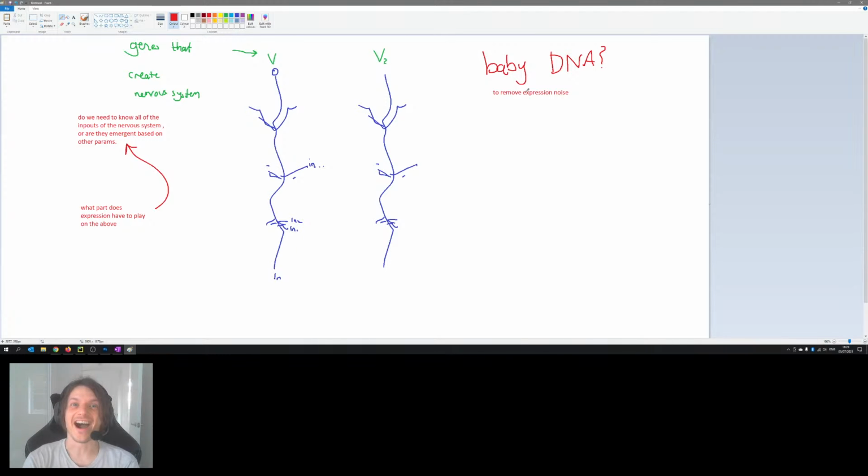You would have to use AI. Yes. Okay, wow. So you'd use AI to run through different protein function outputs and see which one expresses the nervous system. Holy shit. Wait, this is good.